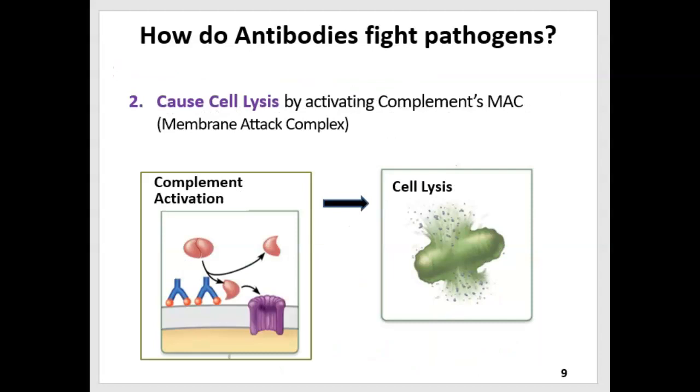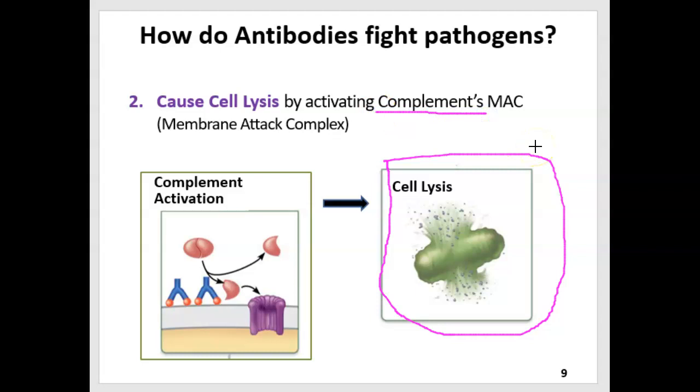Now there are 2 other ways that antibodies can fight pathogens. The second one, I guess, is that they can cause cell lysis. I said that antibodies don't kill directly, and that's still true, because how they elicit cell lysis, shown in this picture on the right, is that they activate complement.